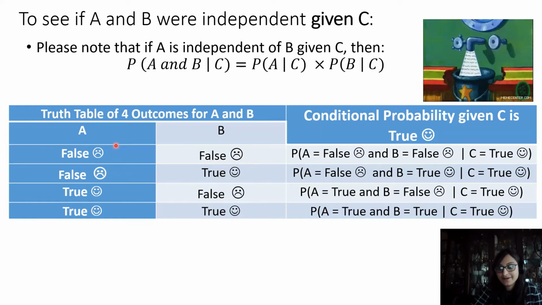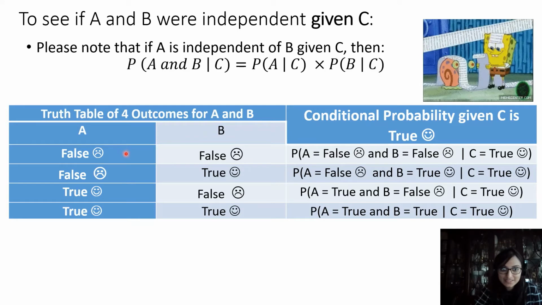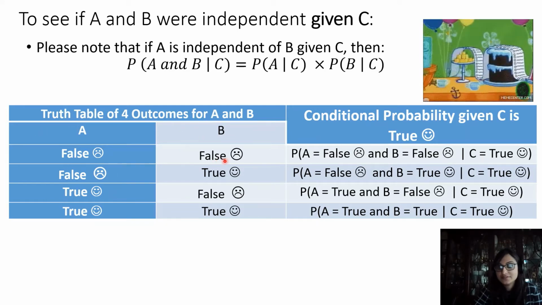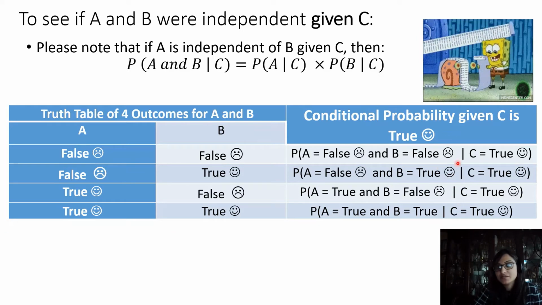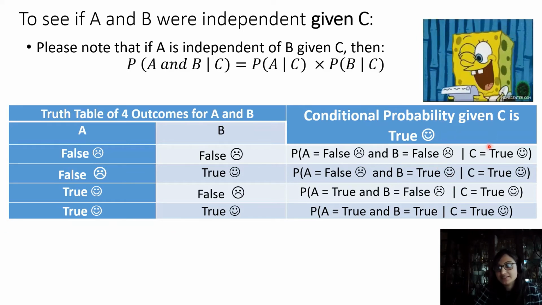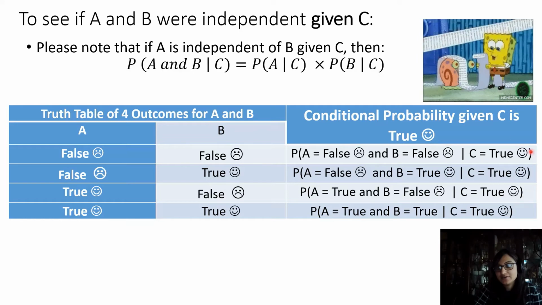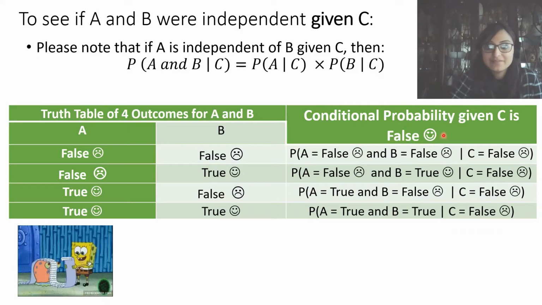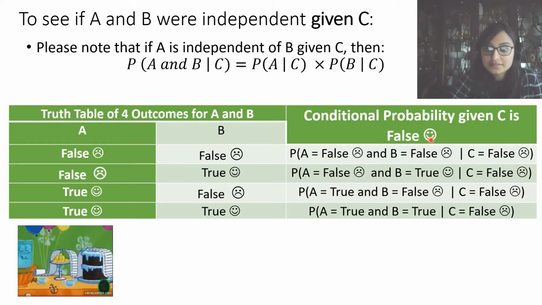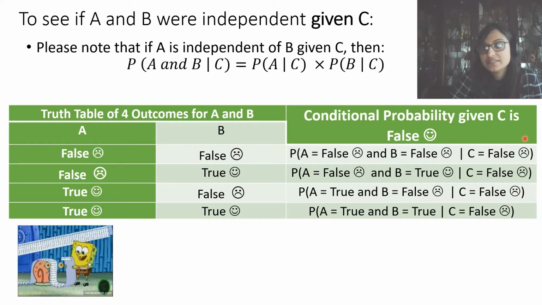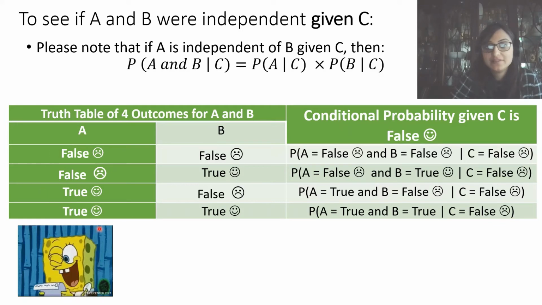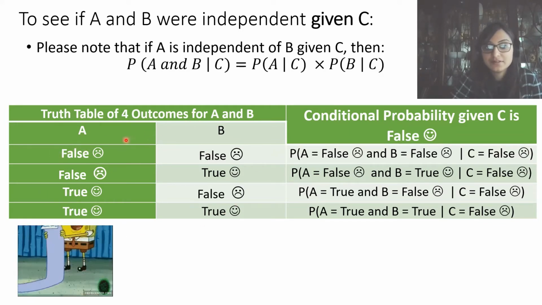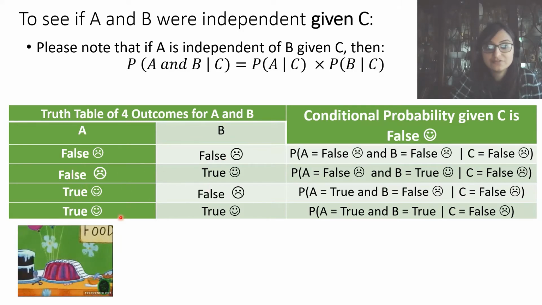And there are 4 possibilities again. So 2 values for A and 2 values for B, true and false. So this is what the conditional probabilities would be given that C is true. So we see that we're conditioning here on C being true. And similarly, if instead C is false, then we're conditioning on C being false here. And we again have these 4 sets of values for A and B: false and false, false and true, true and false, and true and true.